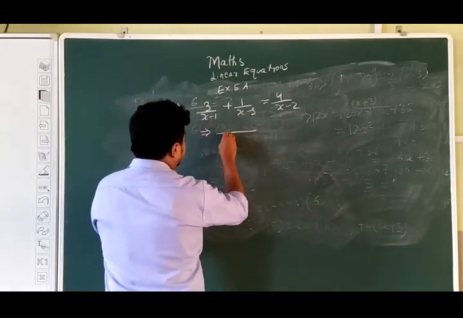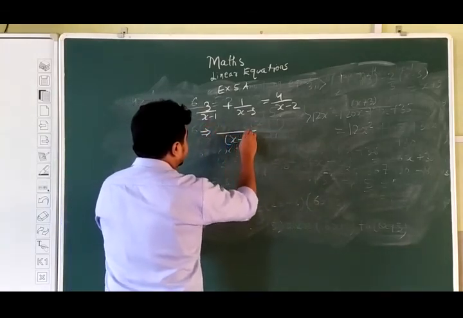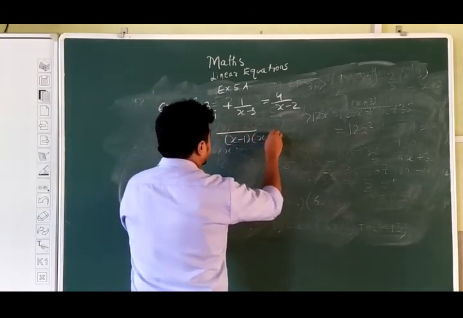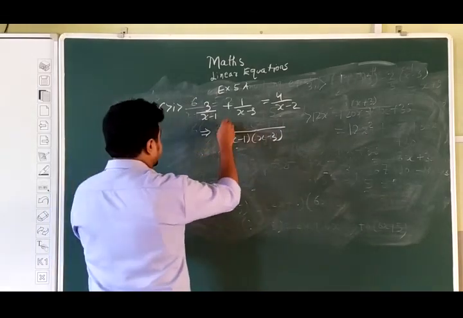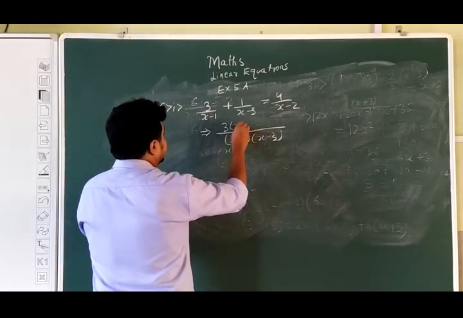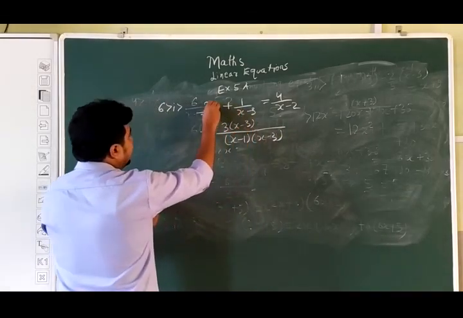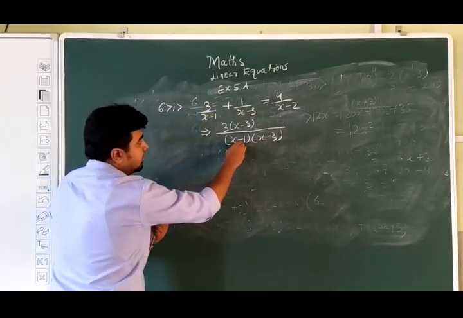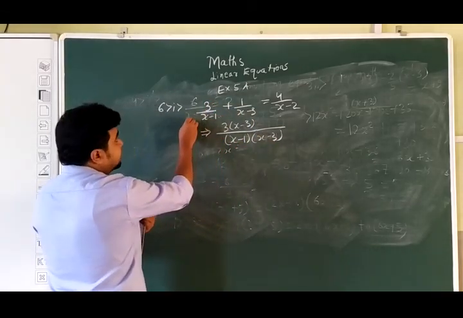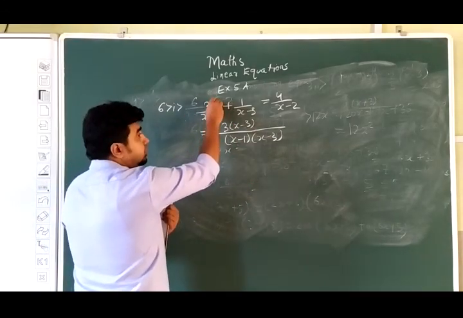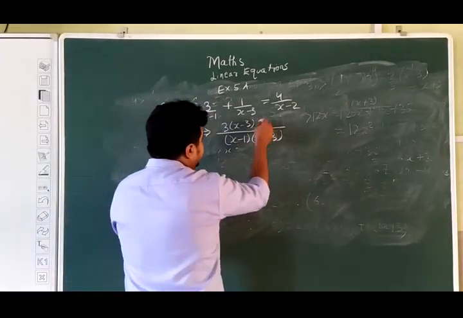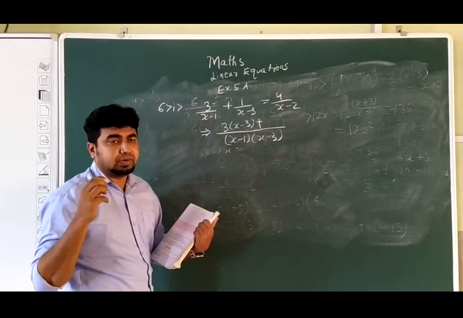LCM will be (x minus 1) into (x minus 3). Now 3 into (x minus 3)? No, 3 will be multiplied with x minus 3, because x minus 1 is already given. You have to make this whole thing x minus 3. If I multiply here by x minus 3, you also have to multiply the numerator by x minus 3. That is the concept of LCM.